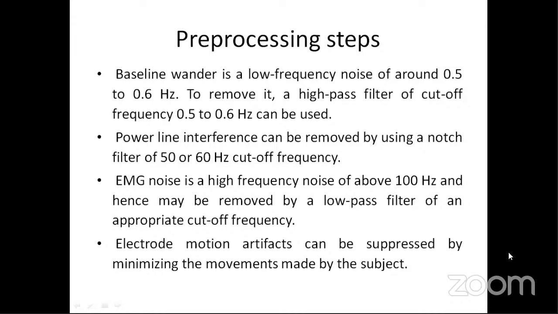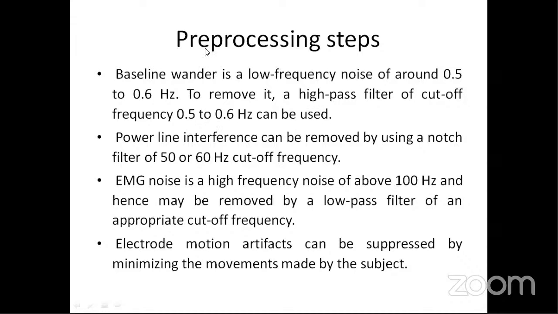Okay, the pre-processing step to remove baseline wandering is a high pass filter. Since baseline wandering is due to breathing, and the respiratory frequency of breathing is 0.5 to 0.6 hertz, you have to remove that noise with the help of a high pass filter with a cutoff frequency of 0.5 to 0.6.